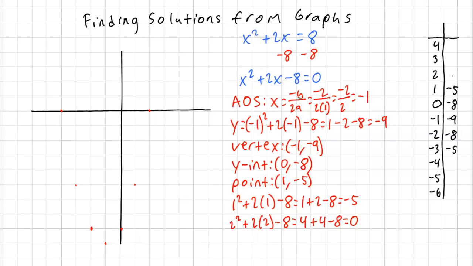So we can put that into our t-table, and that's when y equals 0. Forgot to put the x y here, sorry about that. But that's when y equals 0. So those x values are our solutions. So we have x equals 2 or negative 4.